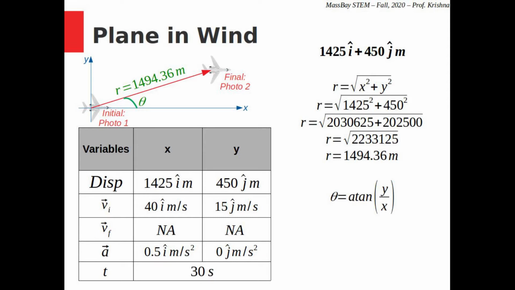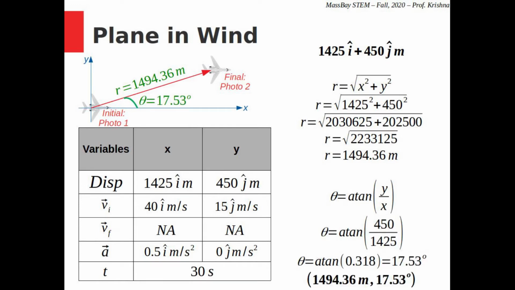And we use the arctangent of y over x to find the angle of displacement. It is 17.53 degrees. So, we can equivalently say that after 30 seconds, the plane is located 1,496.36 meters from its starting point at an angle of 17.53 degrees.